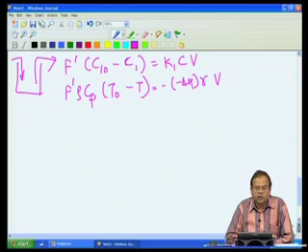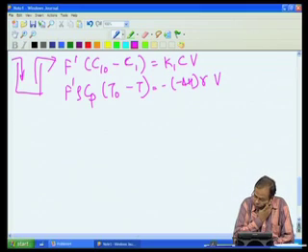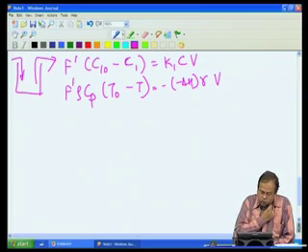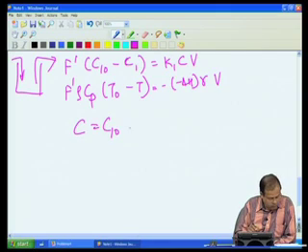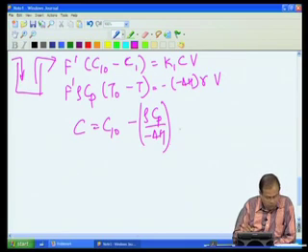Because adiabatic reactor, so there is no heat added or removal term. So, now we can combine these two, assuming all properties are constant, and we will get C equal to C10 minus rho Cp by minus delta H into T minus T naught.